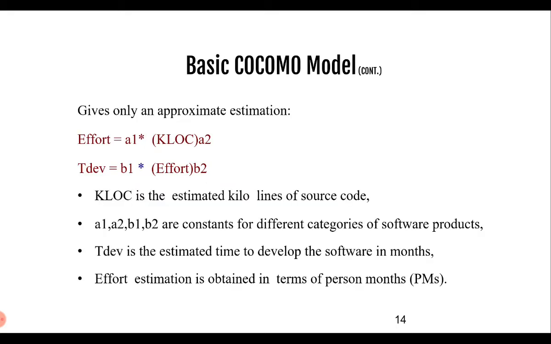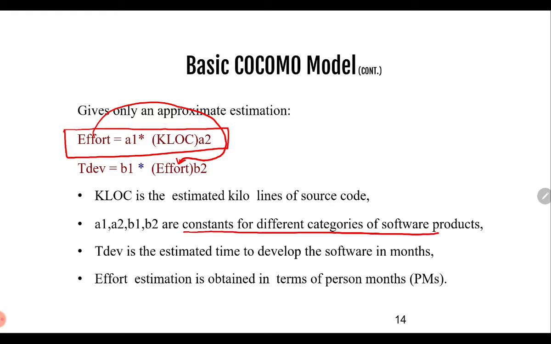So talking about the basic COCOMO model, we have two different equations and it only gives an approximate estimation, where effort is represented by A1 into KLOC to the power A2, and development time by B1 into effort, which is calculated from this equation, to the power B2. So A1, A2 and B1, B2 are the constants for different categories of software products.